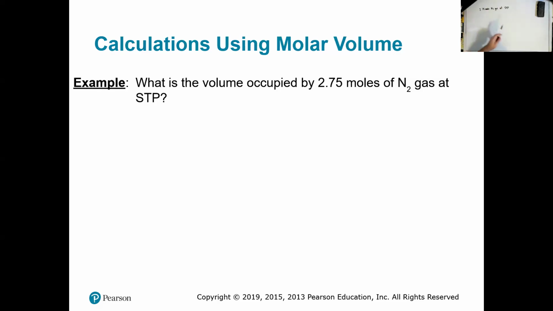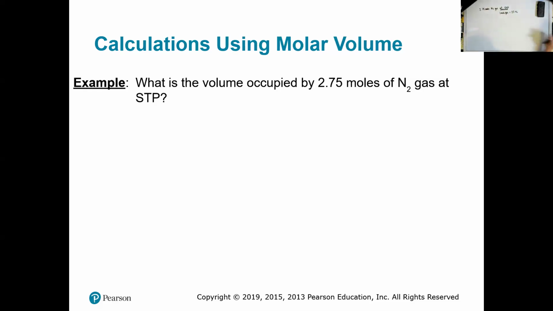When you see the term STP, it might be a good idea to remind yourself of the equality: 1 mole of gas equals 22.4 liters. This is a number you have to remember. We're not going to tell you that one for the exam. You have to know what the molar volume is.